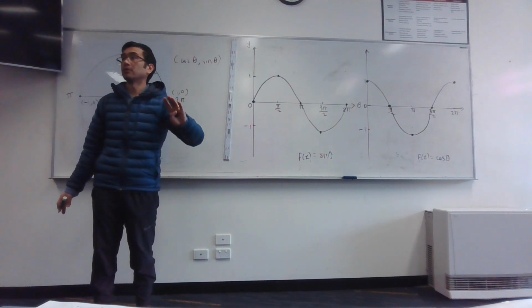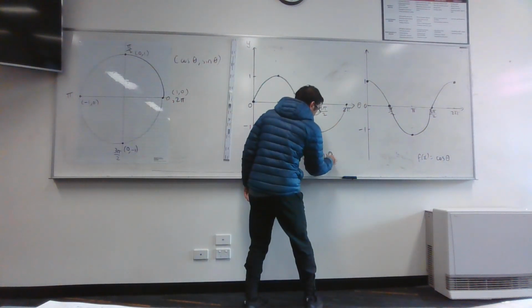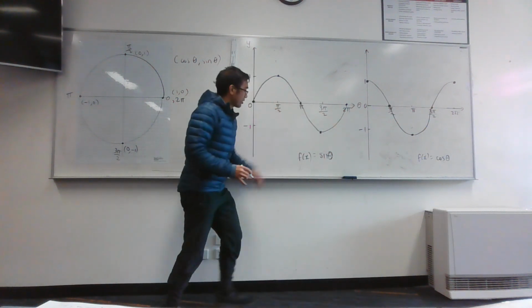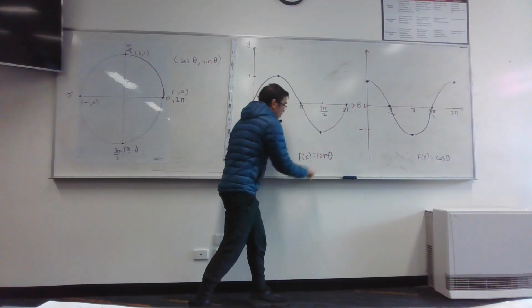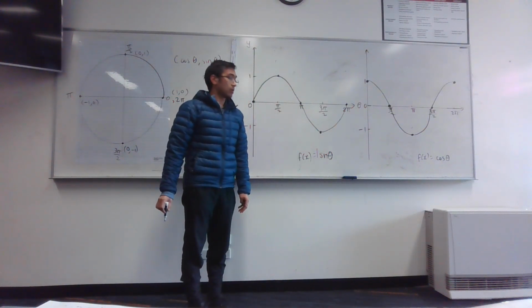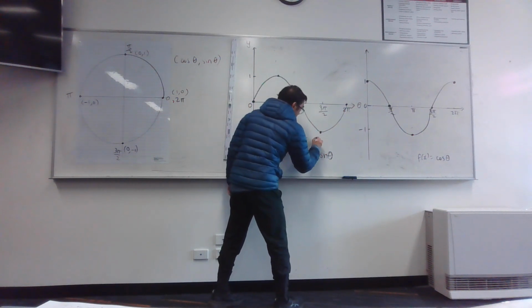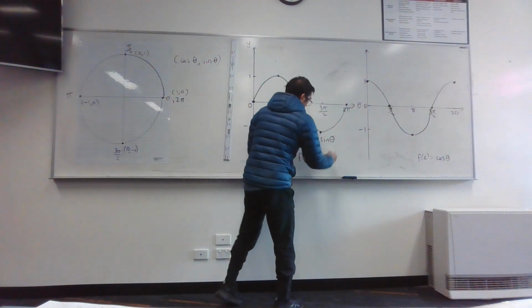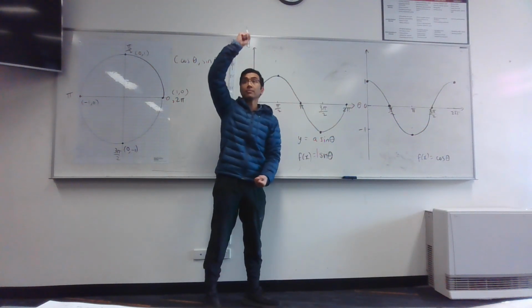Any questions so far? Now, one thing to note. In our sine theta, we have a number in front of 1, okay, which is what we call the basic. The number in front of a sine is stretching the graph.